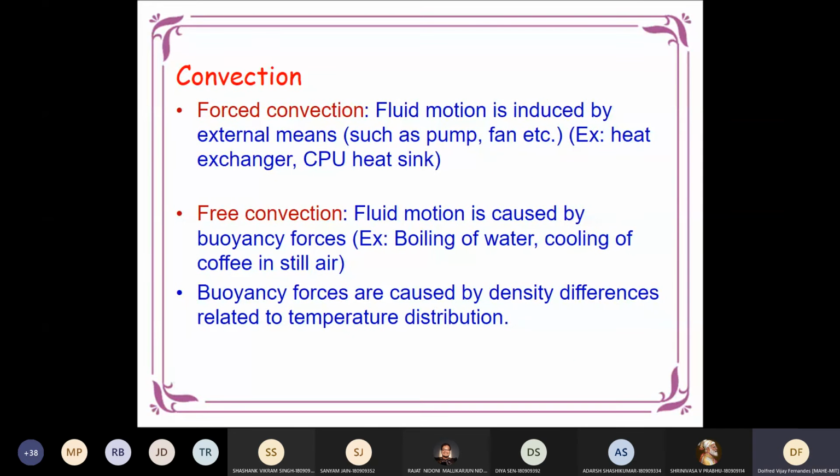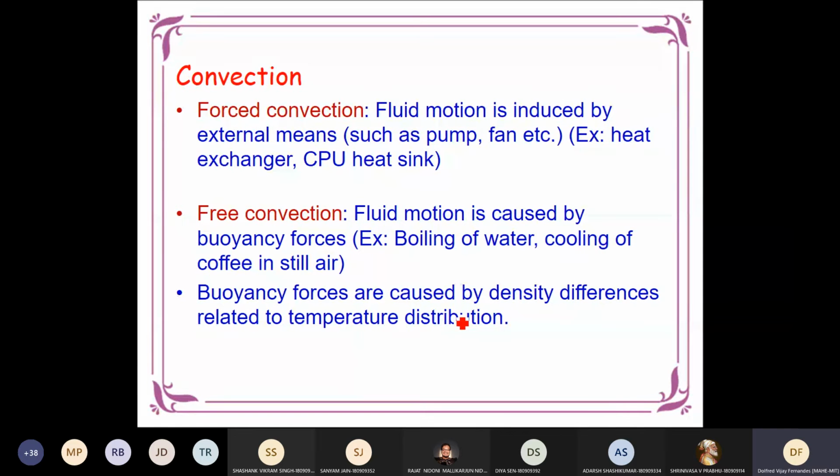So convection can be grouped into two types. One is forced convection, and the other is natural convection. Forced convection is nothing but the fluid motion induced by external means. Take any example, like when you want to drink coffee fast, so you want to reduce its temperature.